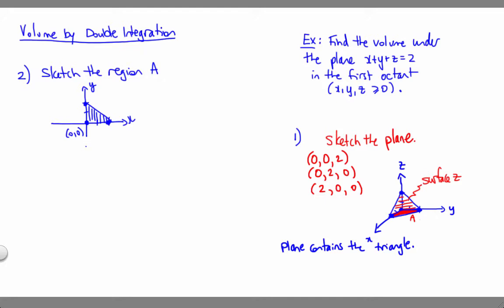Great. Now what we want to do is we're working towards coming up with the limits on the double integrals. So we need to come up with a way of describing this region A that we've just drawn. And in order to do that, we're going to need to get the equation of this line here. Let's work on the equation of that line.